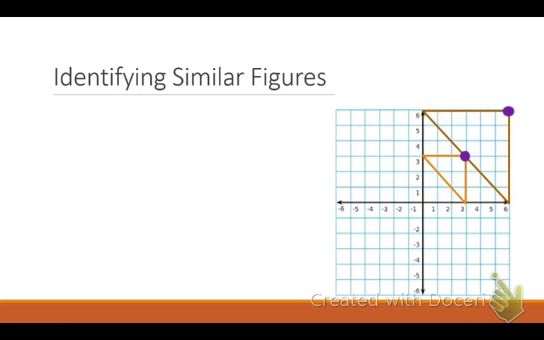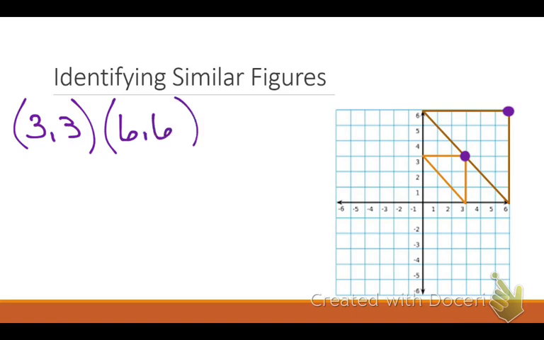Do you agree that they're at the same location? So now let's write down those ordered pairs. What's the ordered pair for the smaller figure? What's the ordered pair that matches? 3, 3. What's the ordered pair that matches on the bigger figure? What is it? 6, 6.